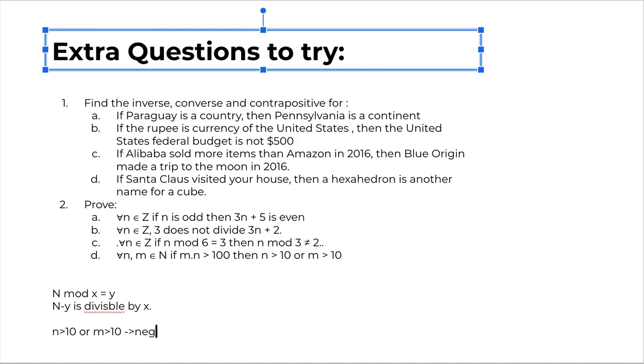I'm writing the negation of that. So that will be n is... So for question D, make sure you know this because we'll be covering that in the next lectures. But for now, the negation of A or B is negation of A and negation of B.